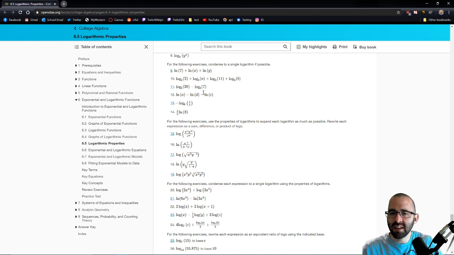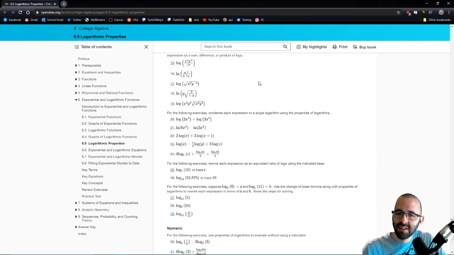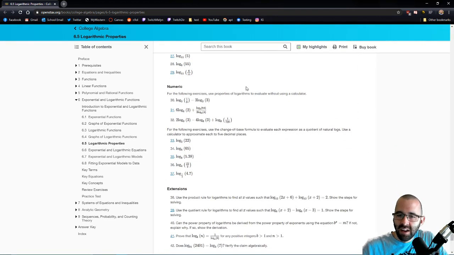And remember to condense them, you have to deal with the coefficient in front first. And then they could get messier. Just do it one step at a time. First, you have the log of the numerator subtracted by the log of the denominator. Then split up the numerator again. Then do those exponents. And then they get harder as well. But those are the basics.